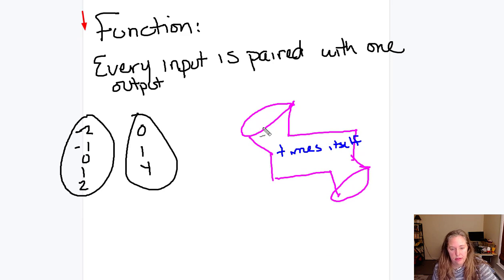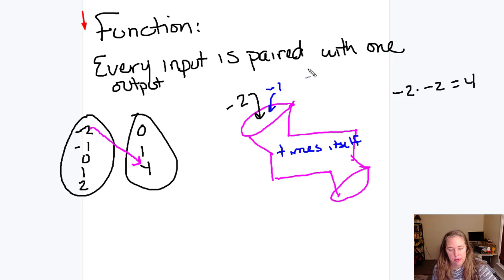So in goes a -2. We do -2 times itself. We get +4. Out comes a +4. That looks like this on the mapping. Now we'll pop in a -1. -1 times itself, -1 times -1, is +1. That goes here. 0 goes in. 0 times itself is 0. +1 goes in.